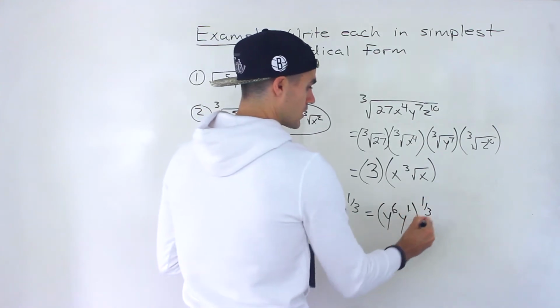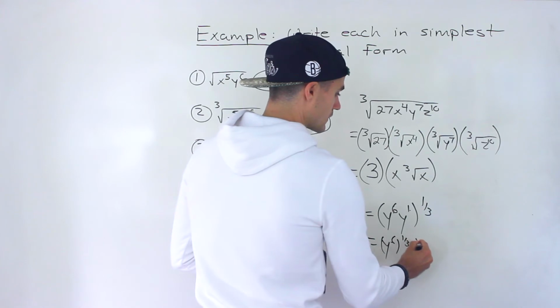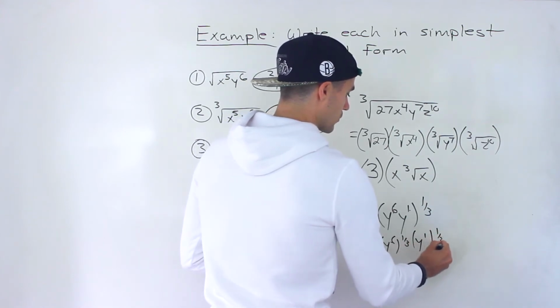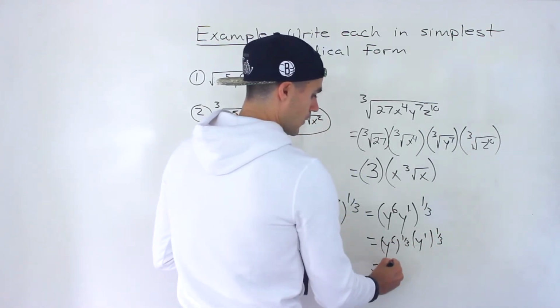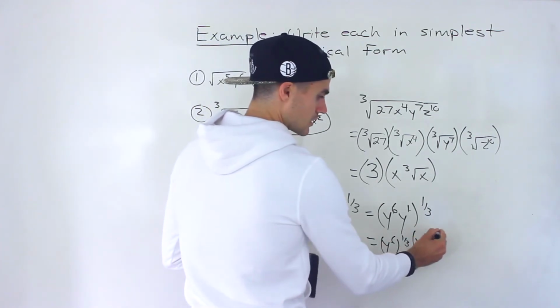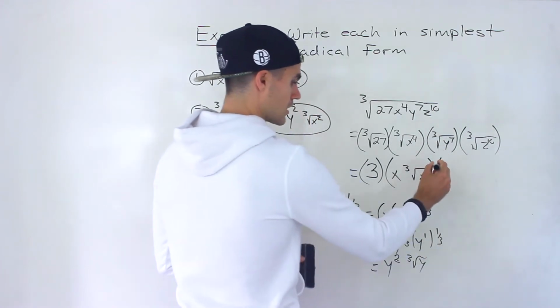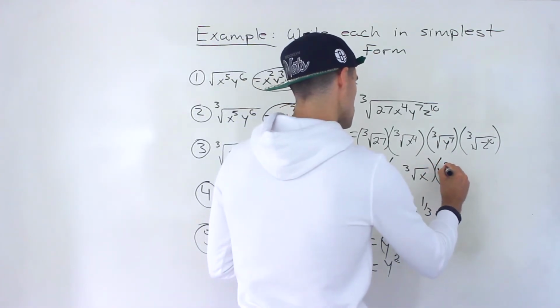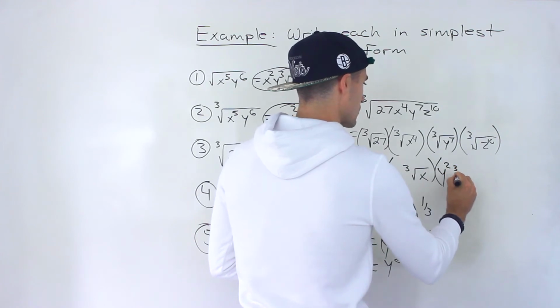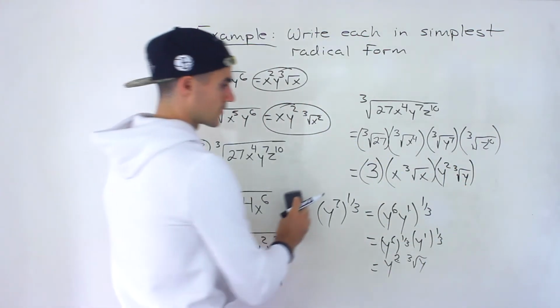Then we got the 1 over 3. The y to the 6 is going to go to the power 1 over 3, and the y to the 1 is going to be to the power 1 over 3. So this would end up being y to the 2, since 6 times 1 over 3 is 2. And that other part is just going to end up being 1 over 3, so the third root of y. So this ends up being y squared times the third root of y, like that.